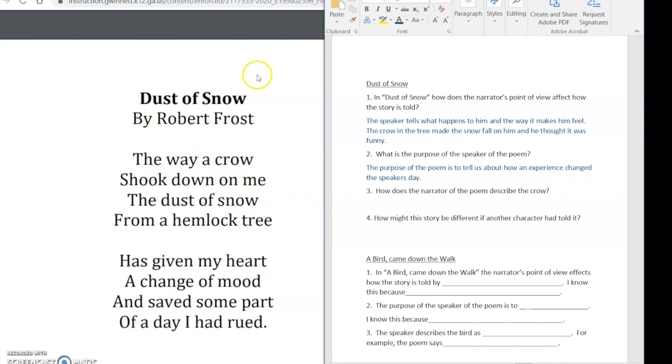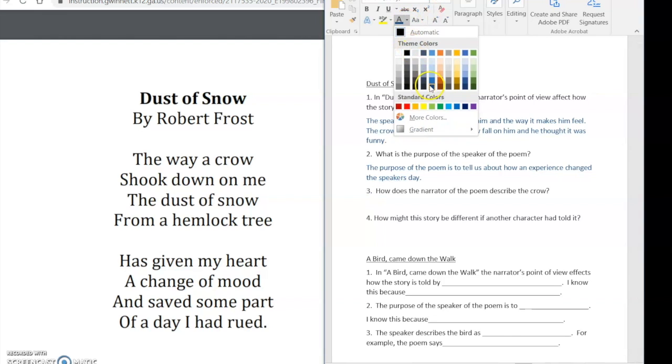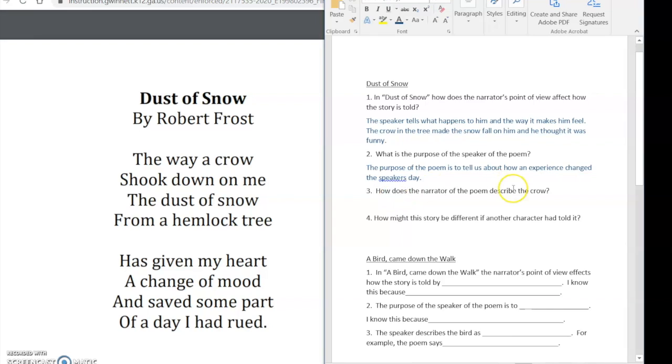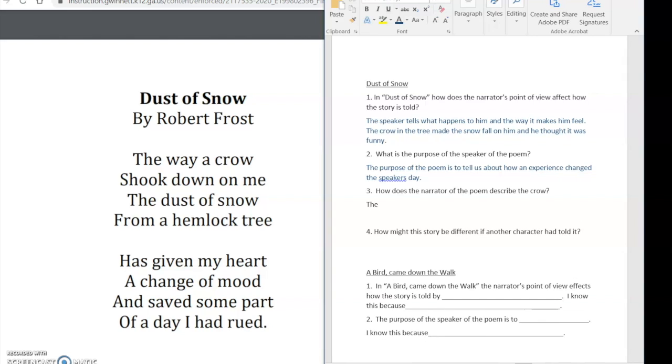So let's see. I'm going to say the speaker describes the crow as causing the snow to fall on him.